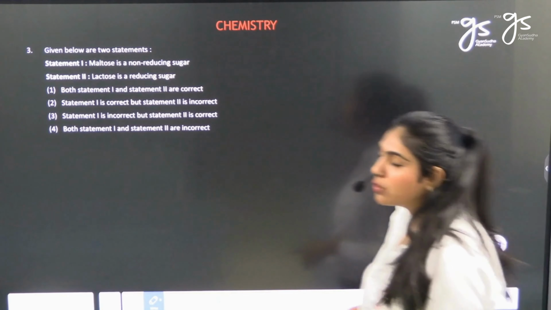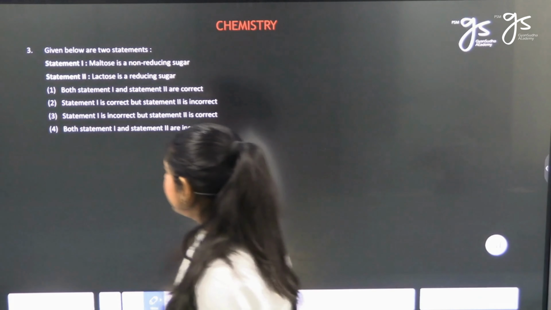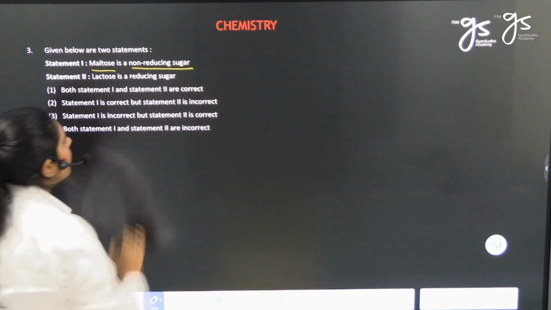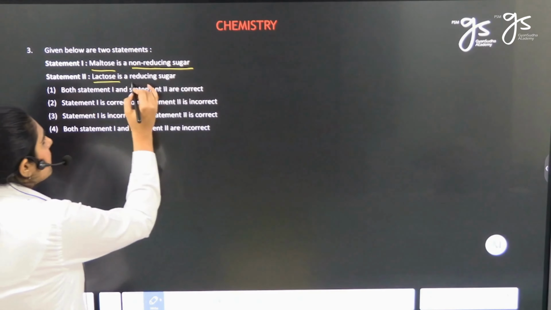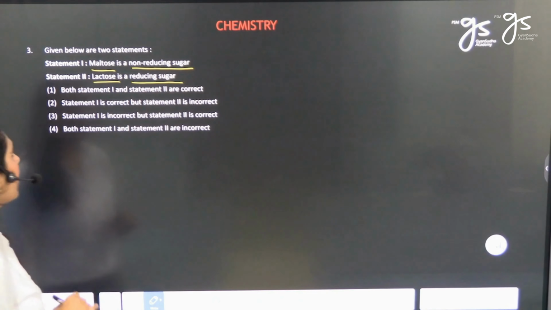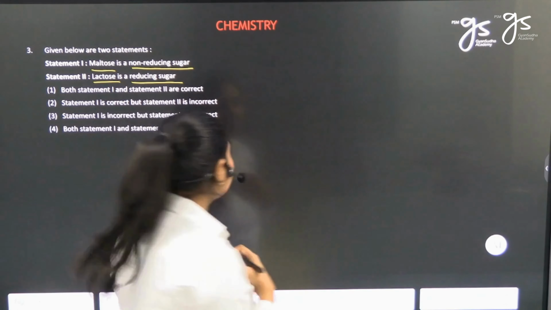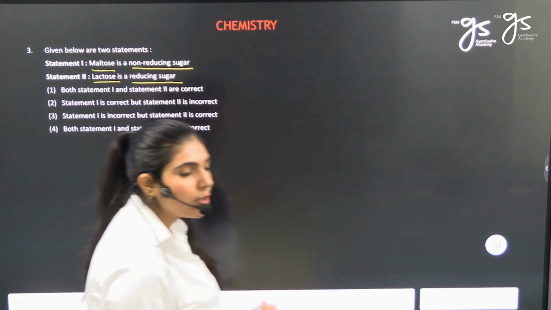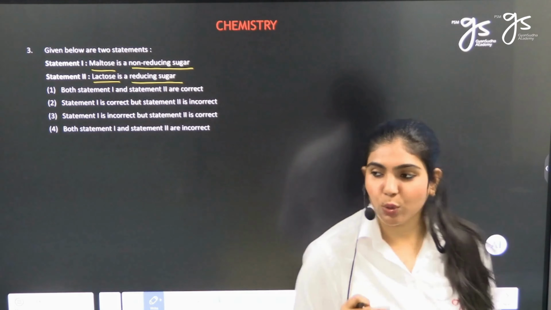This question is also a statement type question, which says maltose is a non-reducing sugar and lactose is a reducing sugar. So which one is correct? First of all, we must be aware of the composition of maltose and lactose.